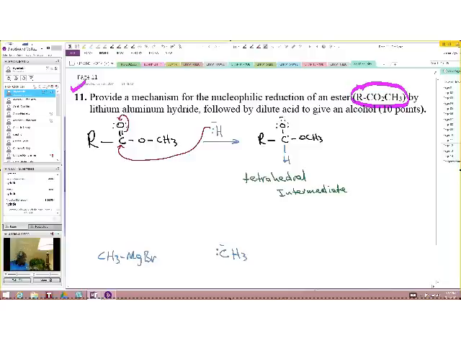What is going to happen? Any suggestion? Okay, the methoxide will leave. Yes, that is correct. Very good. But before the methoxide leaves, you have to reform the carbonyl. Excellent. So this comes here to reform the carbonyl, and in so doing, the methoxide will leave. And then what do you get here? We get this here.